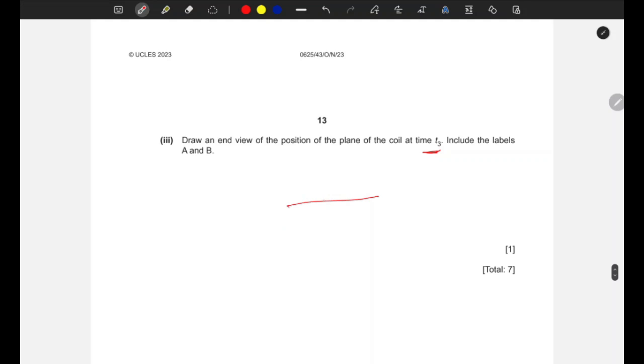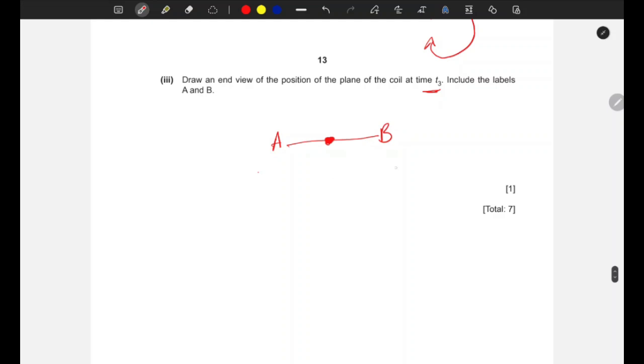Since it's the largest voltage, it's horizontal. So we have A on this side and B on this side because it has rotated a full 180 degrees. So the answer is going to be a horizontal line, and then we have A and B on this side.